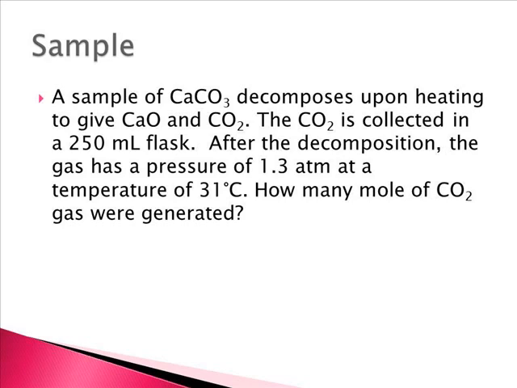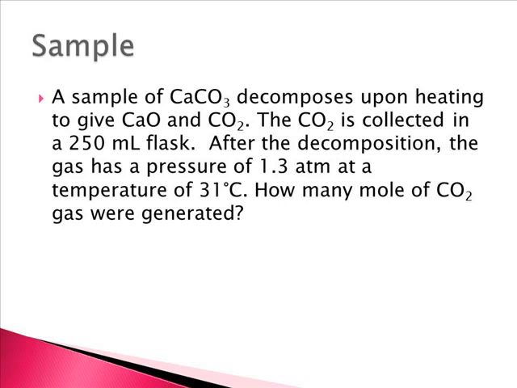Well, we just put in this information. Put in 1.3 for the pressure, put in a quarter of a liter, 0.250 liters, for the volume, and we multiply those two things. So 1.3 times 0.250 gives us 0.325 liter atmospheres on the left.